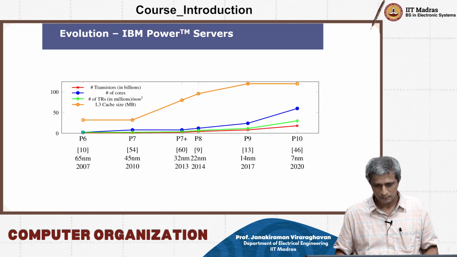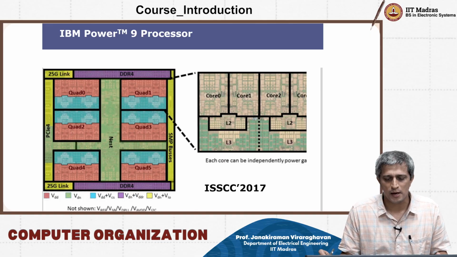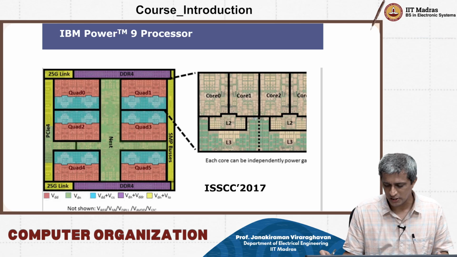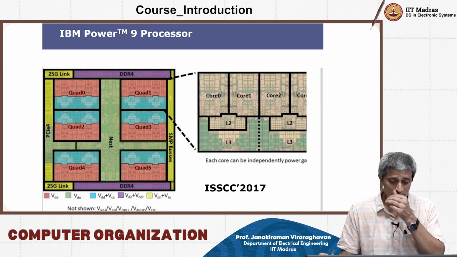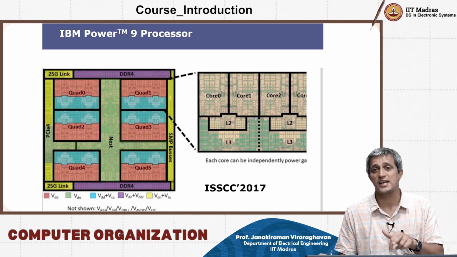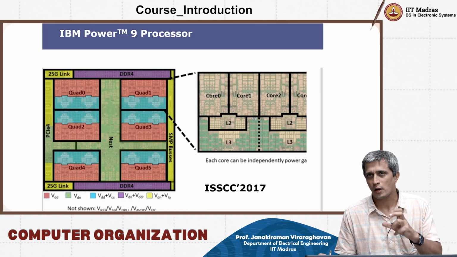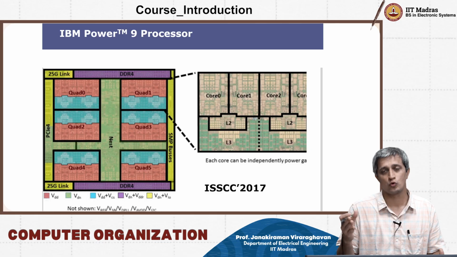This is the picture of an IBM Power9 processor, which is shown here. This was published in 2017, and it has 6 quadrants, quad 0 to quad 5. Each of those quadrants, when you blow it up, has 4 cores, core 0, core 1, core 2, core 3.